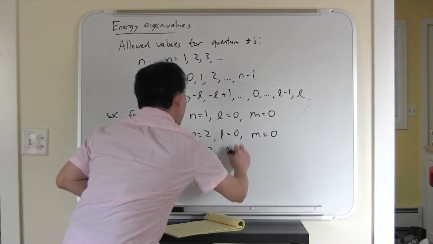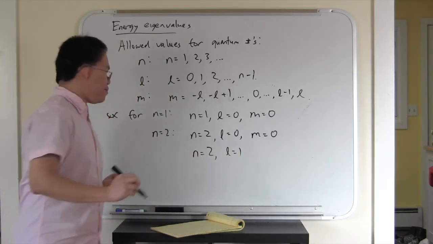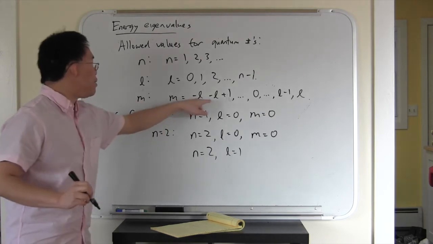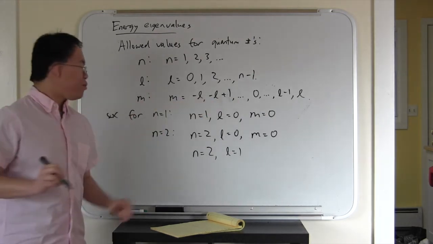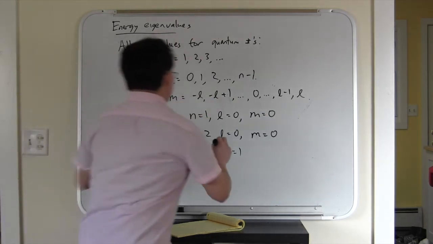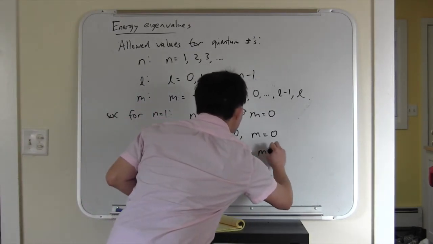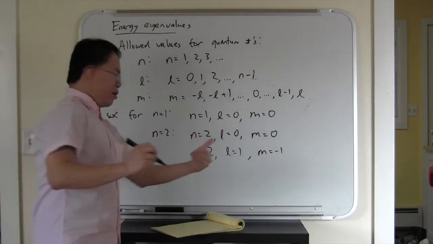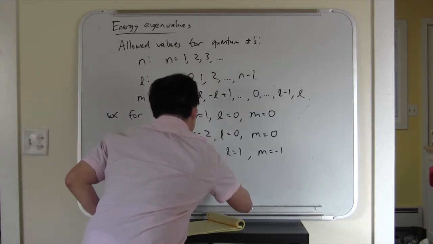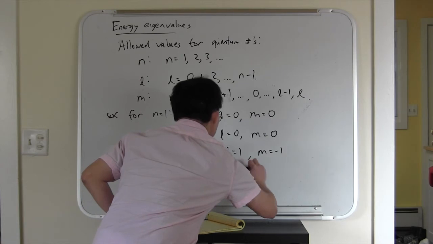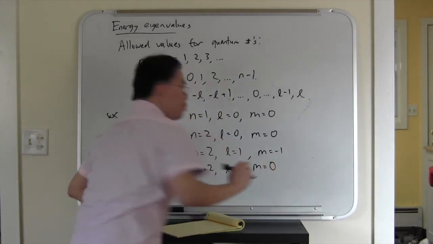But we also have a state, or states, with L equals 1. This time, with L equals 1, we can start at minus L, so we have m equals minus 1. Then going up from there, we have a state that's n equals 2, L equals 1, m equals 0.